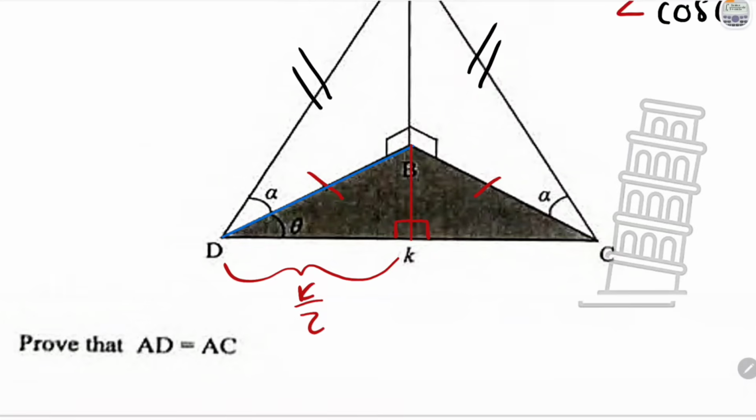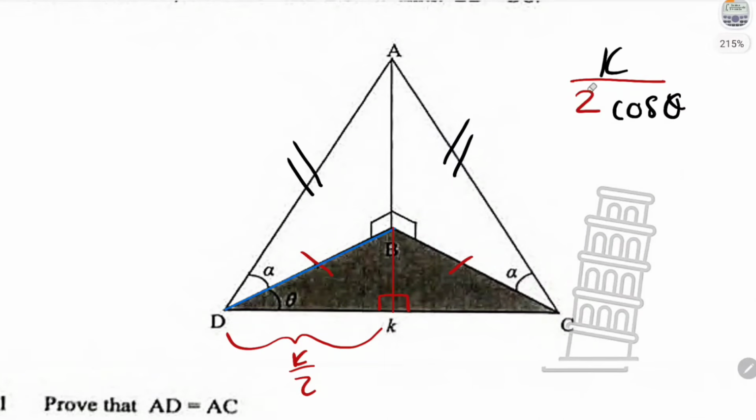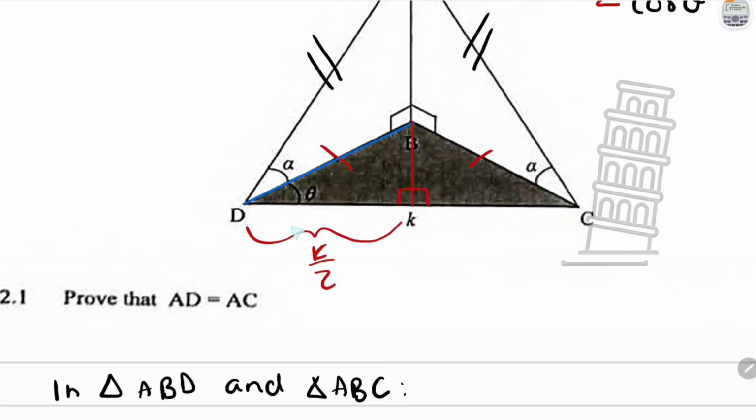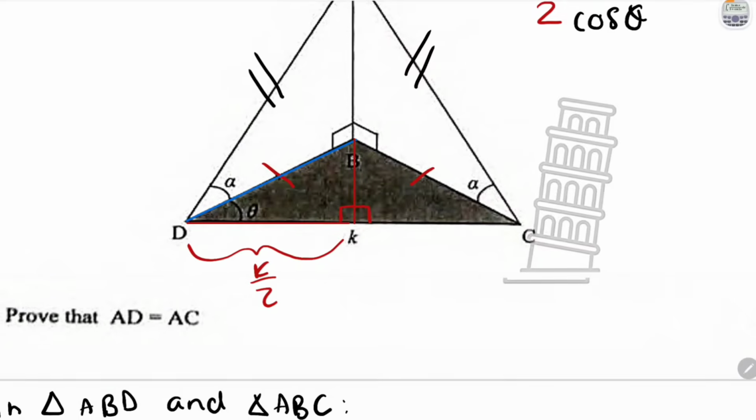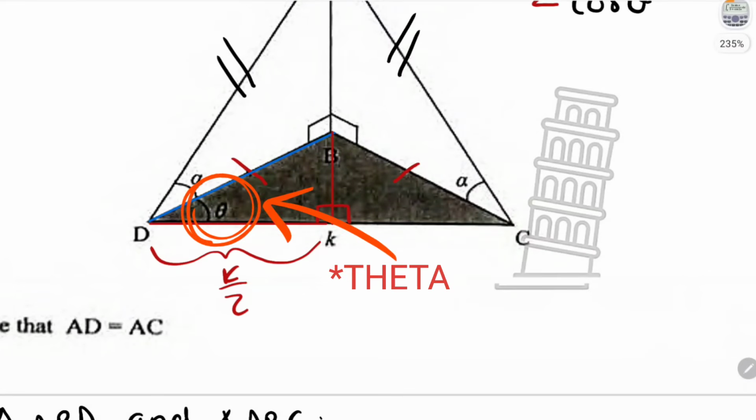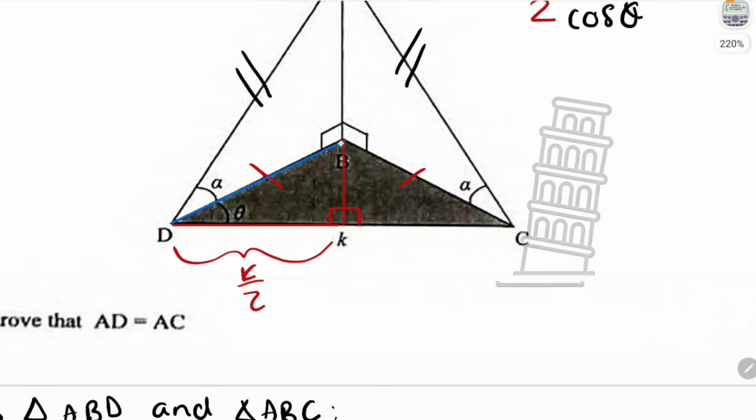Okay, so since we have K over 2, let's include this length, and let's include alpha and use that to find BD. Alpha is here, that's your reference angle, and this side here is the side adjacent to alpha. And you're using BD because they want you to solve for BD, right? That is your hypotenuse.